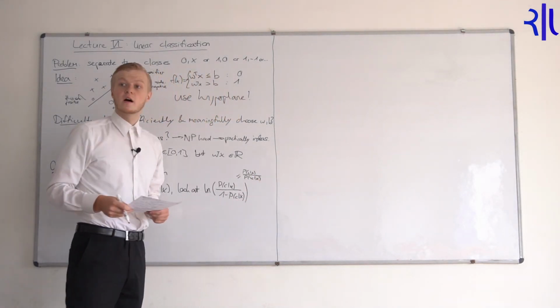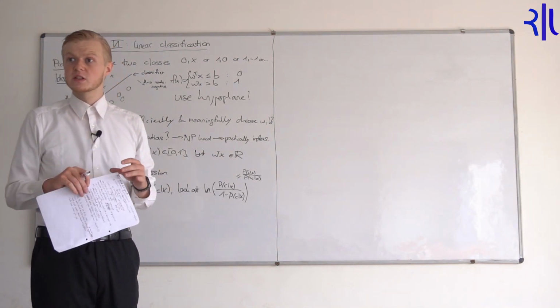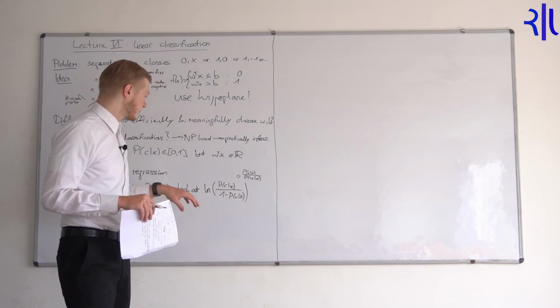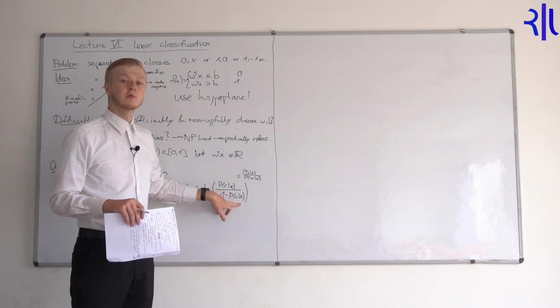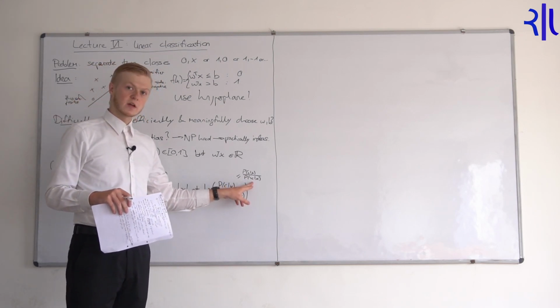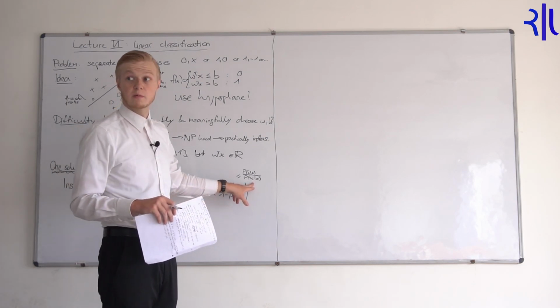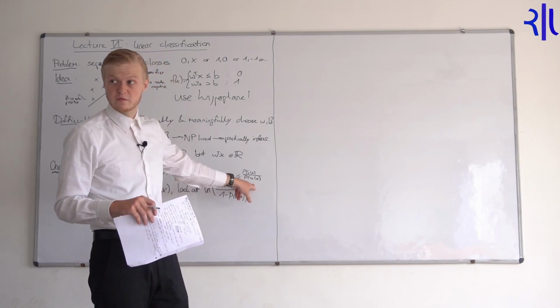The odds are the quotient of the two probabilities. Because we're just having two classes, we can write it in the form of just one single probability and 1 minus it, because the probability of being in class 0 is 1 minus the probability of being in class 1.